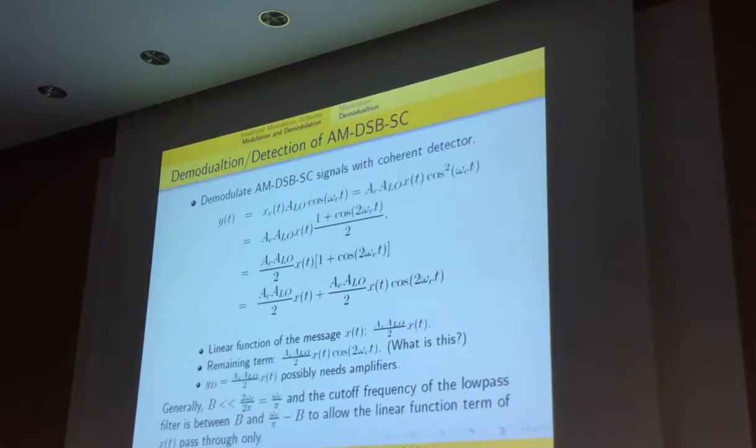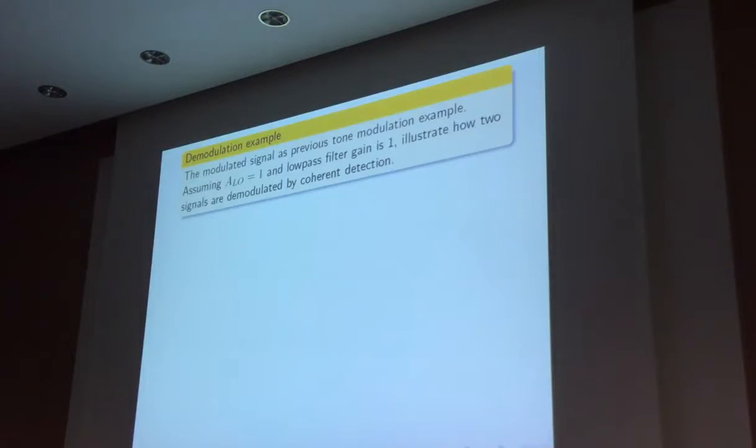So with this, we can do the demodulation for AM DSP and AM DSP SC. Okay, let's see an example. The modulated signal is as in the previous tone modulation example, remember? The message is a sinusoid with frequency 5 kHz, amplitude 1, and the carrier signal has amplitude 2, frequency 100 kHz.